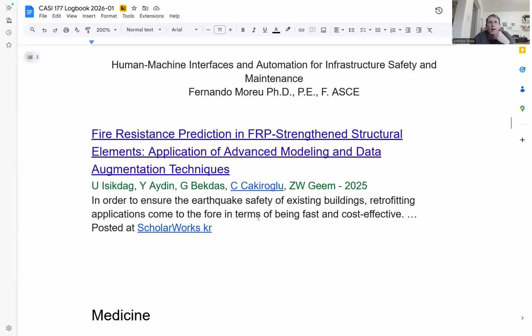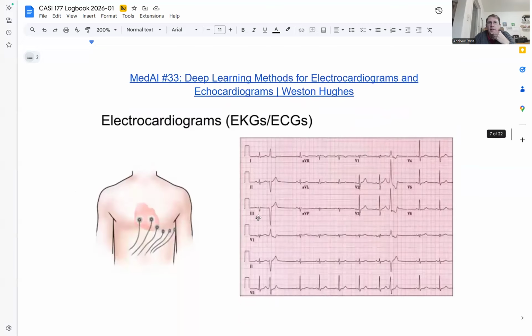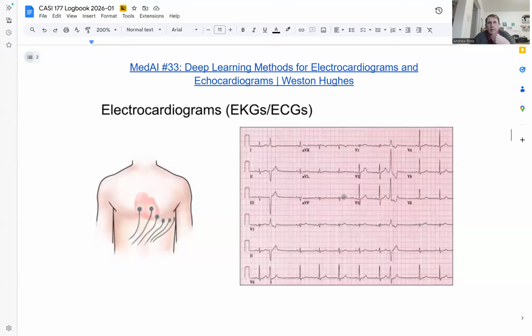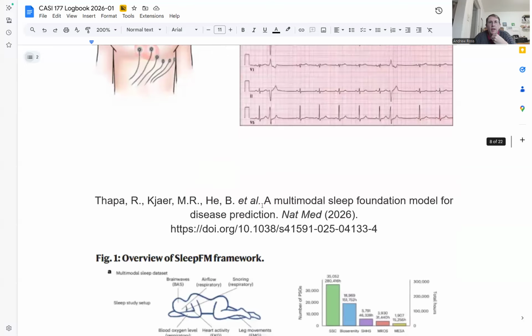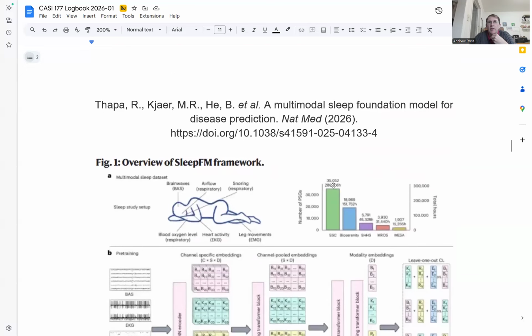Looking at some medicine things, automated AI analysis of electrocardiograms, pretty important stuff, trying to detect various diseases from that. And then here's one I just came across where they're looking at someone's EKG, again, electrocardiogram, their leg movements, how much they're snoring, how much airflow they have, their blood oxygen level, and trying to predict whether they have this disease or that disease.